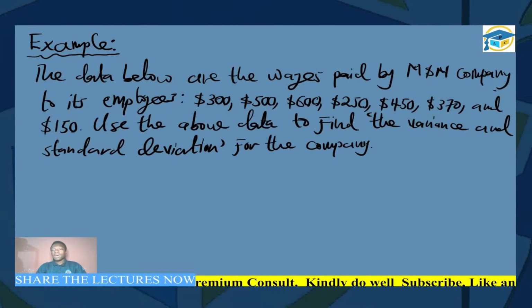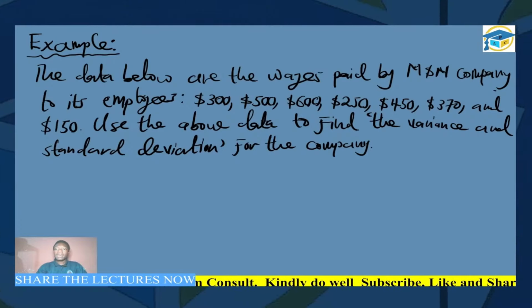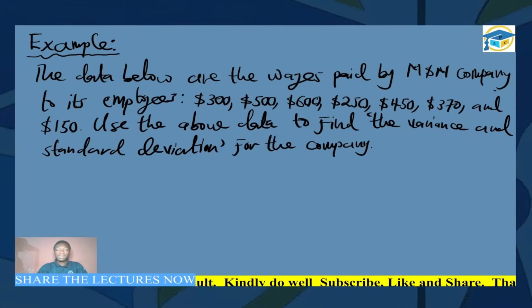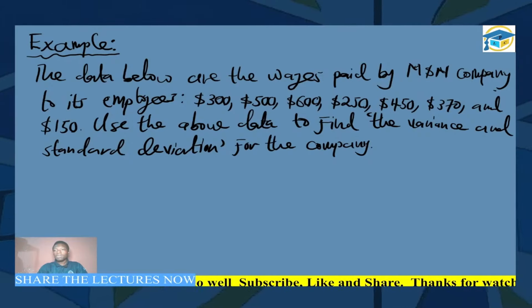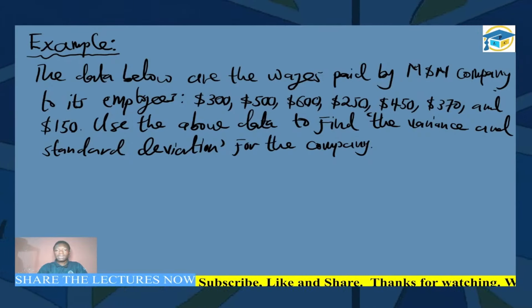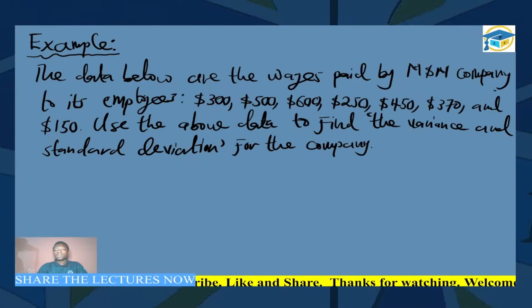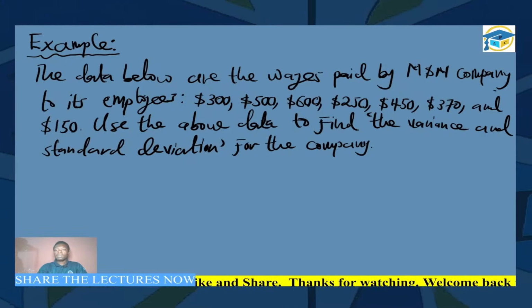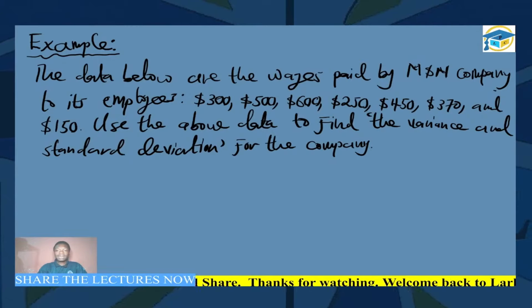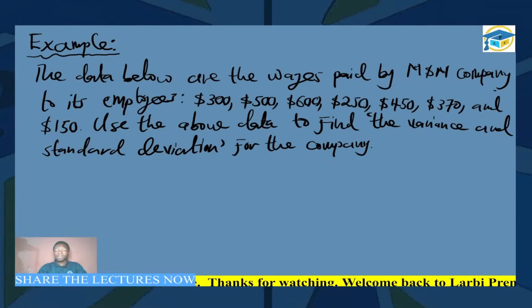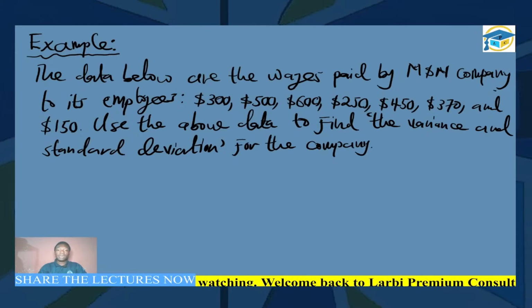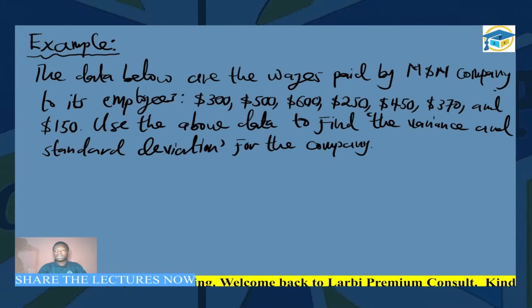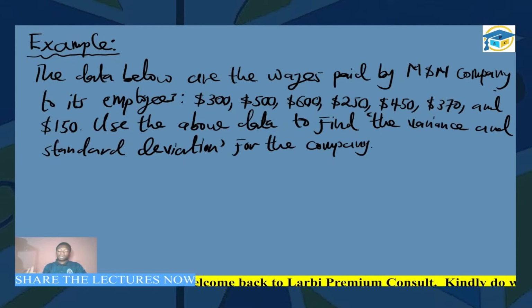The data below are the wages paid by M&N company to its employees. So you have $300, $500, $600, $250, $450, $370, and then $150. You're asked to use the above data to find the variance and then the standard deviation for the company. Remember, this data is an ungrouped data, so we're going to find variance and standard deviation for this data. So how do you go about this?